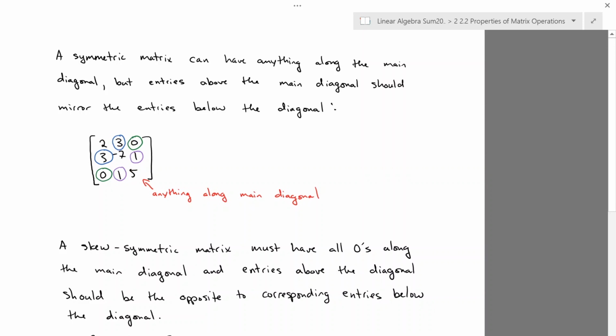However, the entries off the diagonal must correspond: above and below the diagonal, they should match. So this and this match, this and this match, and this and this match. If you have a matrix that looks like this, it will be symmetric.